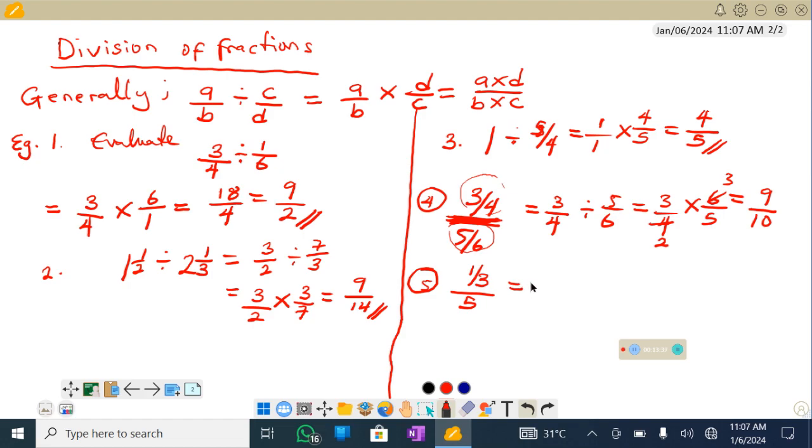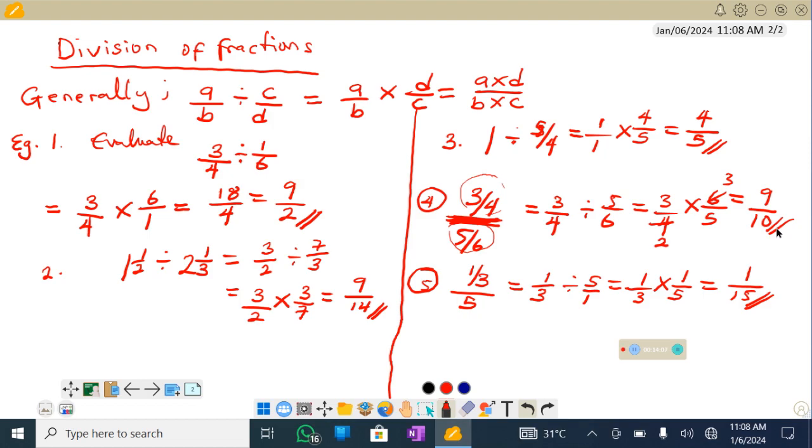Then you now carry out your division, which is 1 over 3 divided by what? 5 over 1. I have changed the whole number here to a fraction, which is 5 over 1. So that will give us 1 over 3 times 1 over 5. So that will give us 1 over 15. So that's our answer there. Okay, so that's how to do simple division of fractions.